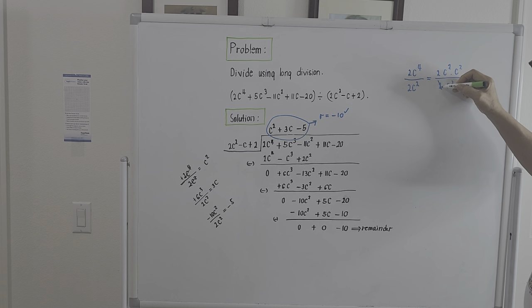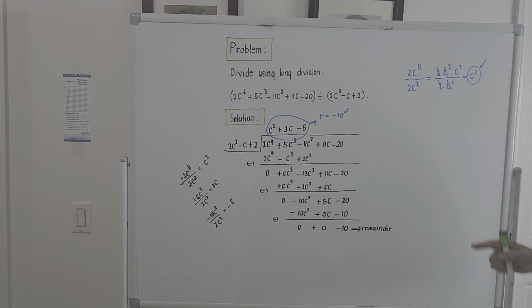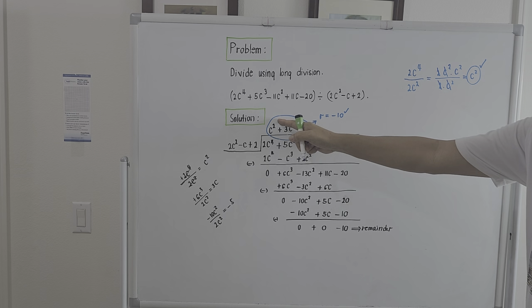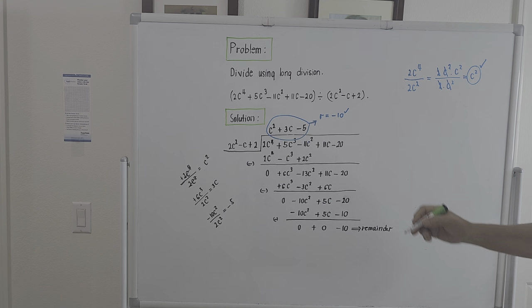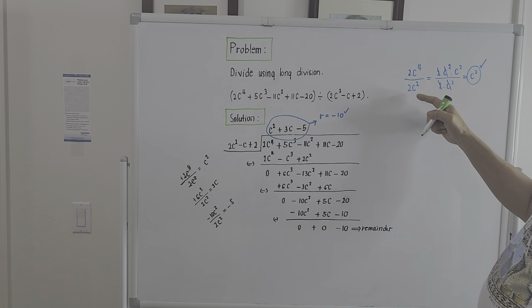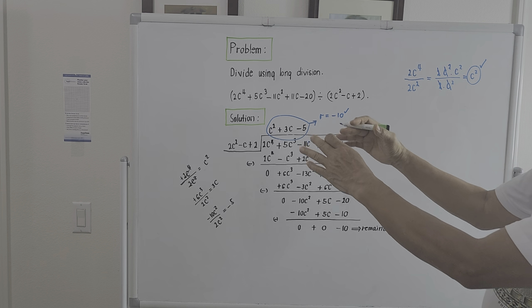So the c squared cancels with this c squared. What will come out will just be simply c squared. And what's the significance of this c squared here? Meaning to say the first partial quotient will be c squared. We are sure that the first partial quotient will be c squared because we solve it backwards, right?